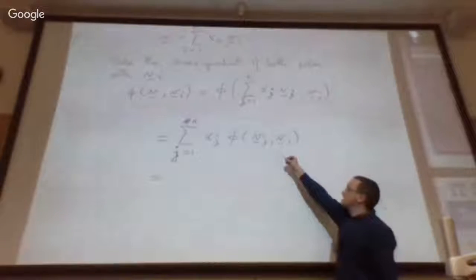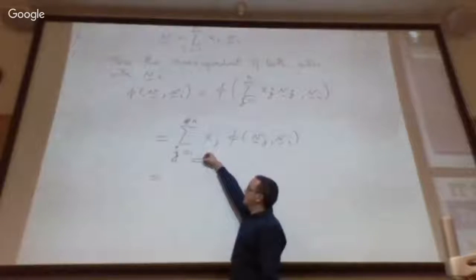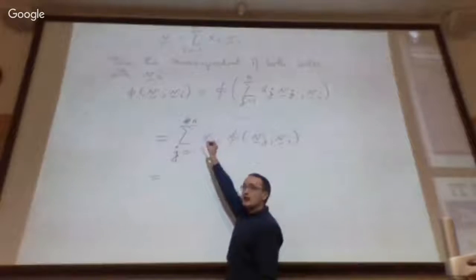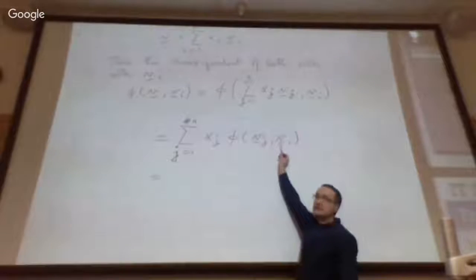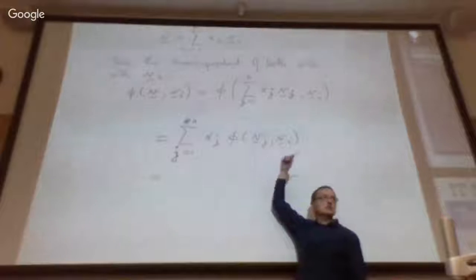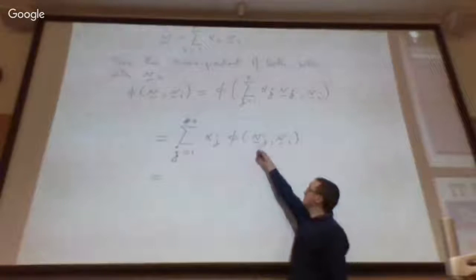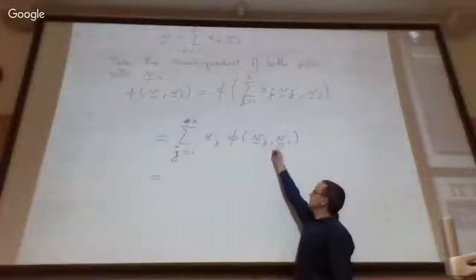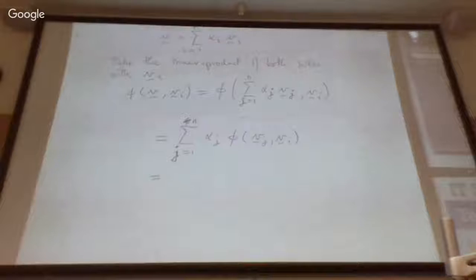But they're not always different, because in the course of summing from j equals 1 up to n, somewhere along the way you're going to hit the value i. And when you do, you're taking the inner product of vi with vi. So that's not 0. That's the square of the norm of vi. But all the other inner products of a vj with a different vi are all 0 because of the orthogonality of the set of vectors.